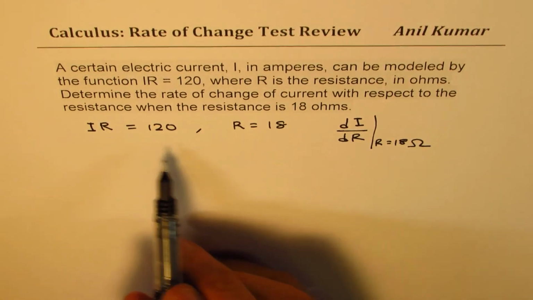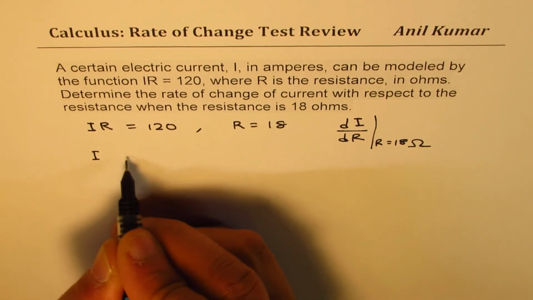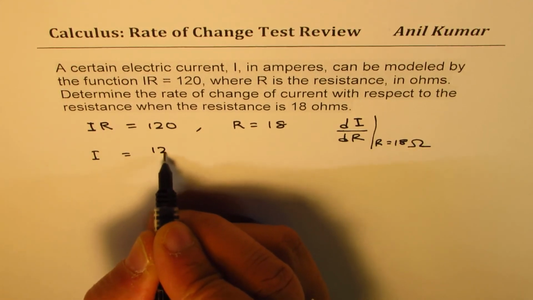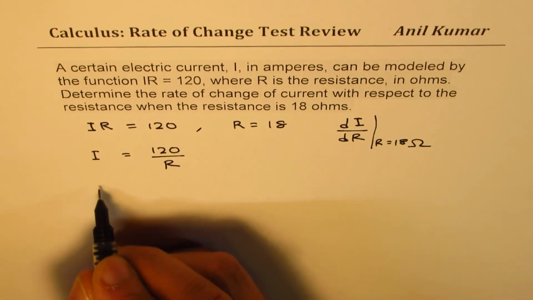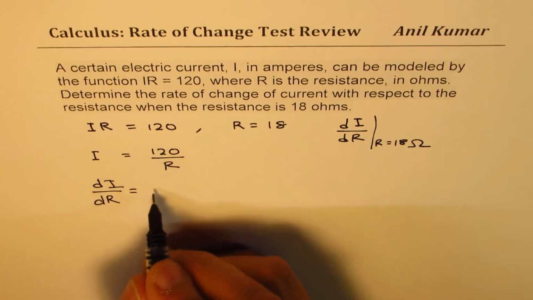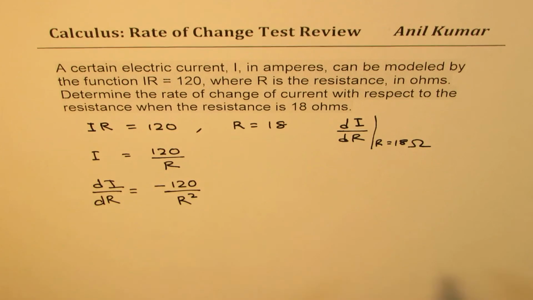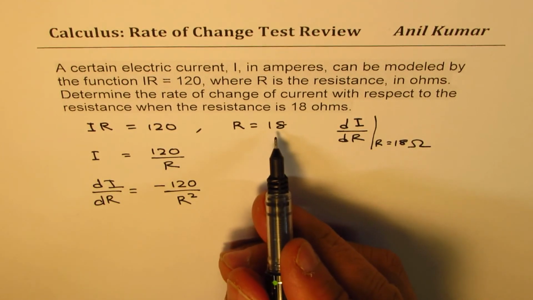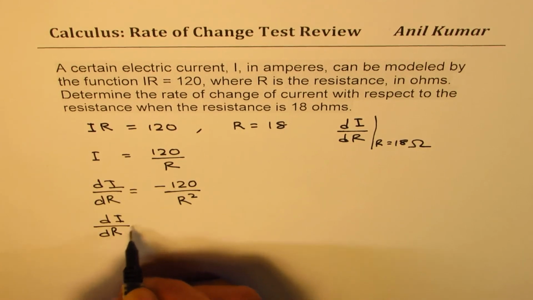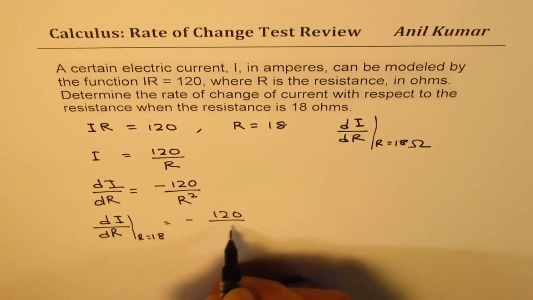A couple of ways to do it. I'll prefer to rewrite the equation isolating I. It is not a must though. We'll avoid the product rule. So it is 120 over R, and now di over dr is the derivative of this, which is minus 120 over R squared, and now we can substitute R as 18. So we get our answer, di over dr for r equals 18 equals minus 120 over 18.